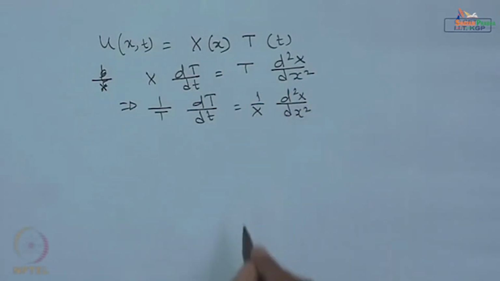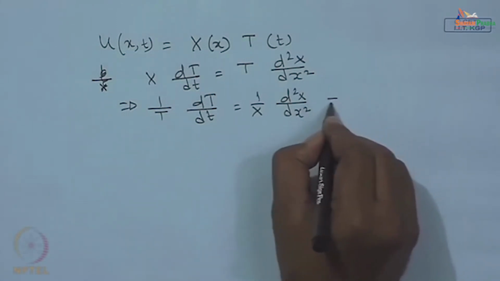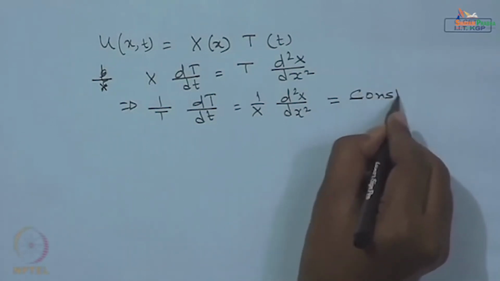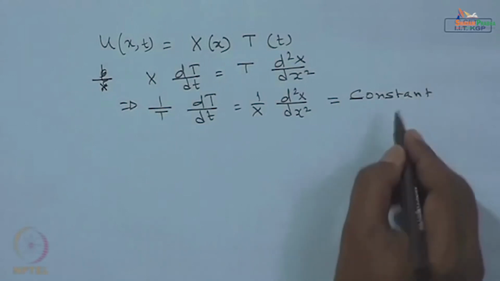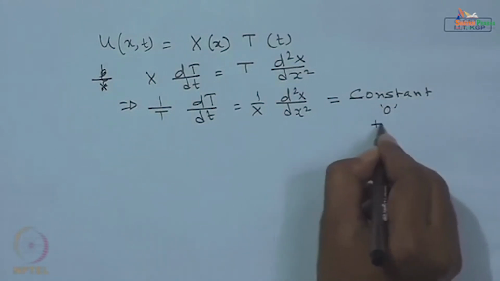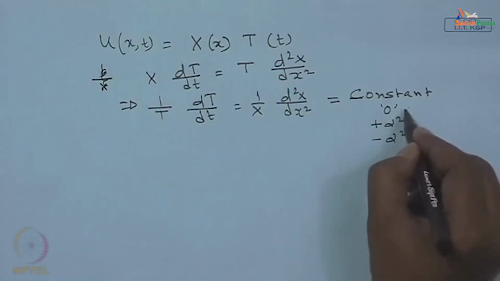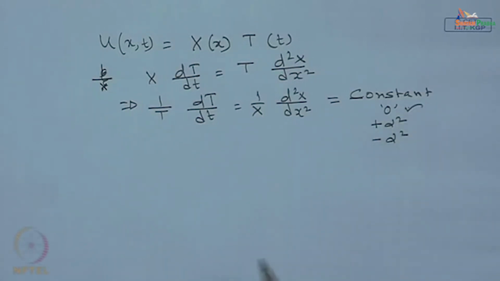So, again the left hand side is a function of time only, the right hand side is a function of space only, and they are equal, so they must be equal to some constant. Now, again this constant can be 0, can be positive, can be negative. We have already seen in the earlier class that if this constant is 0, it will be giving a trivial solution.